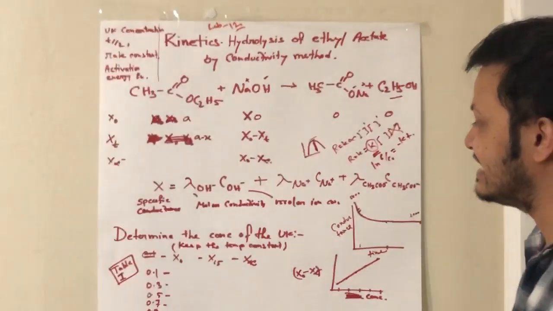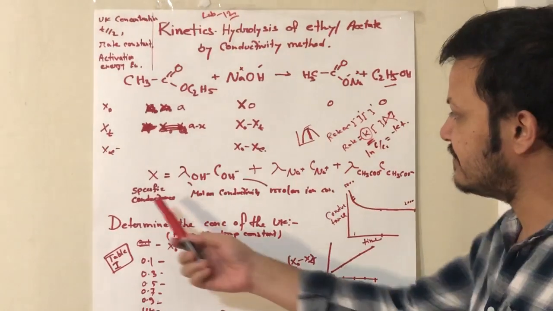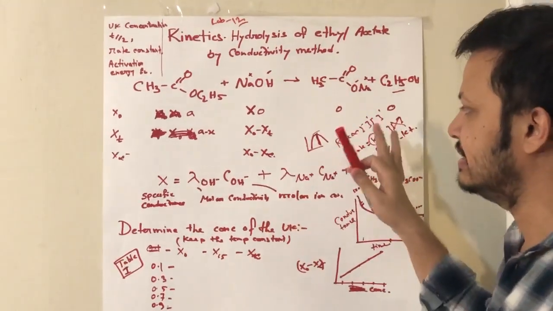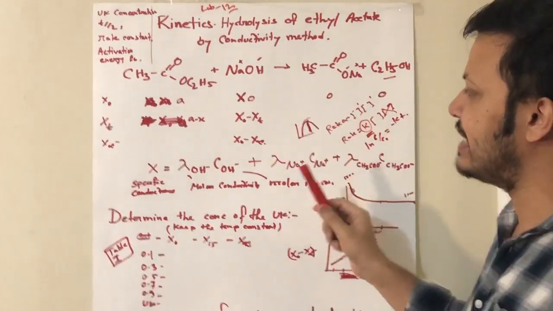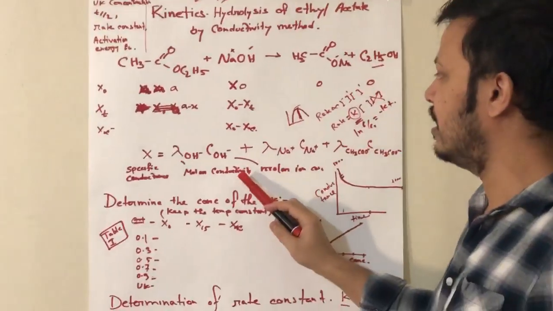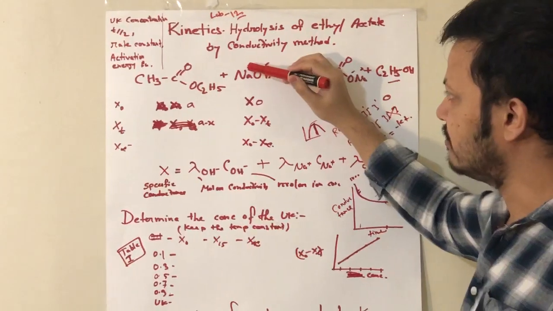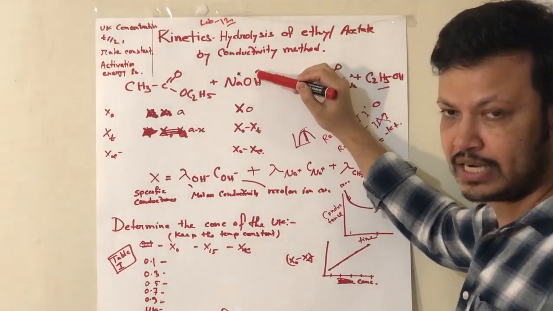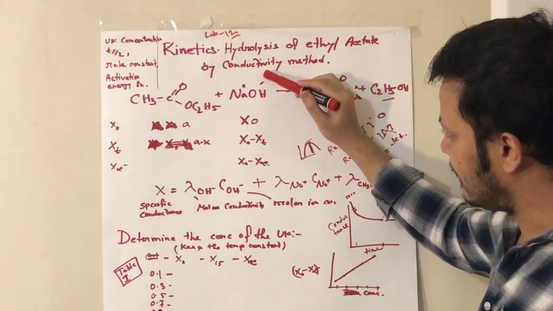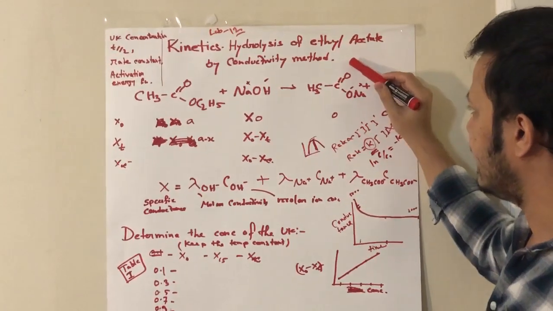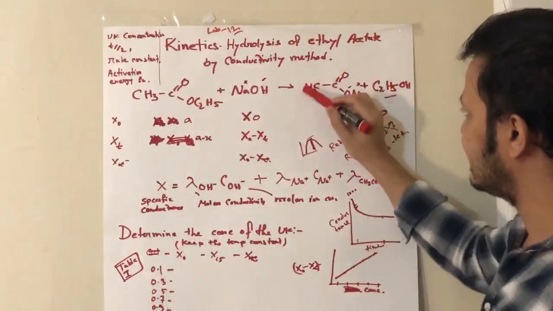So at any stage, if we try to find out the specific conductance of this reaction, then this will depend on the molar conductivity of the sodium ion, the concentration of the sodium ion, the molar conductivity of the hydroxide ion, the concentration of the hydroxide ion, and the molar conductivity of the acetate ion.